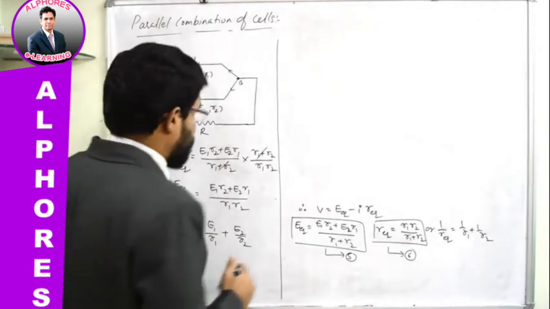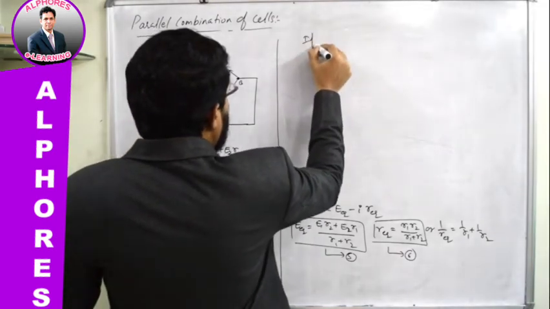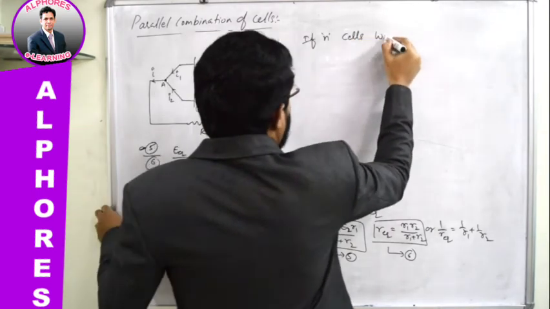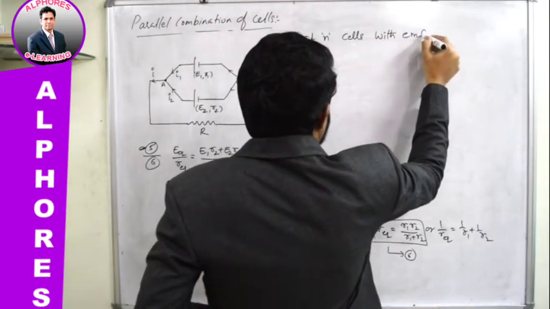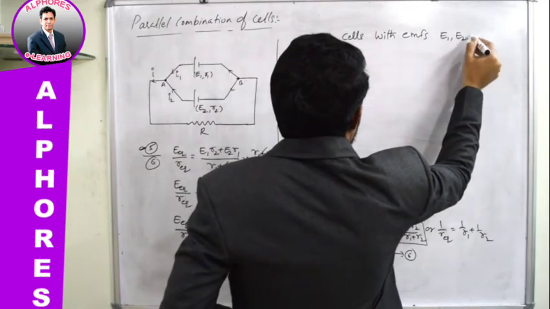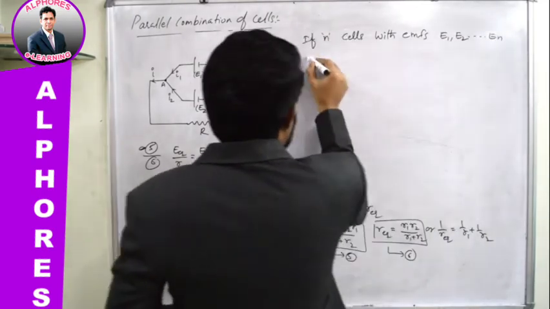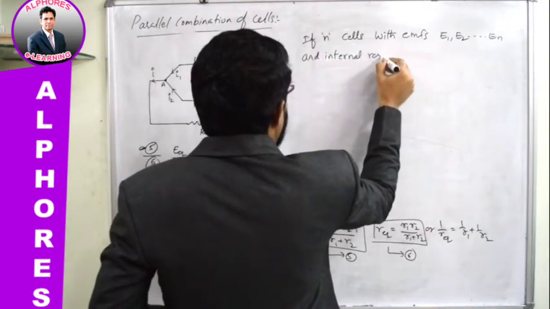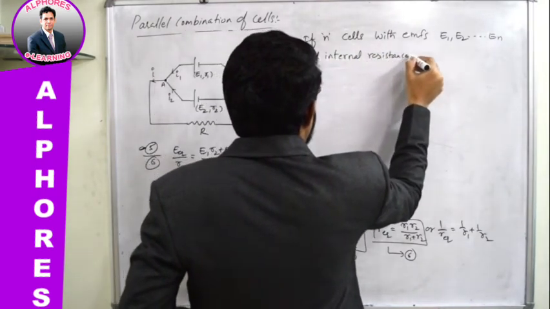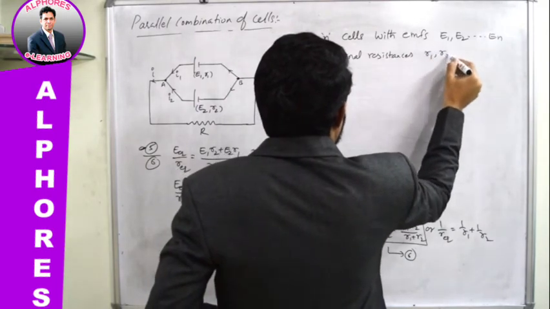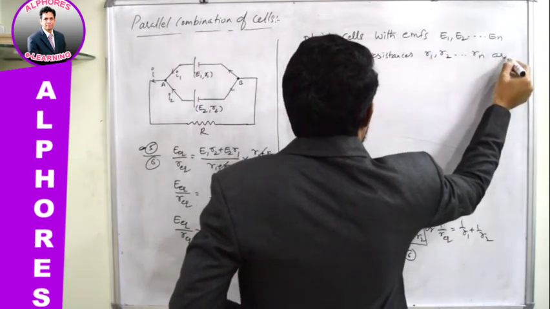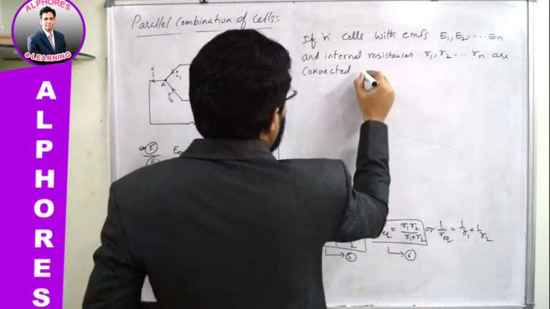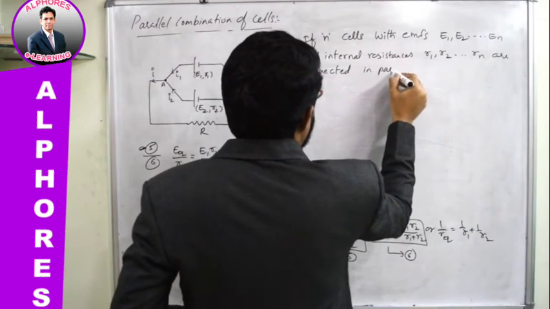If you take n cells with EMFs E1, E2 and so on up to En, and internal resistances R1, R2 and so on up to Rn, connected in parallel combination.